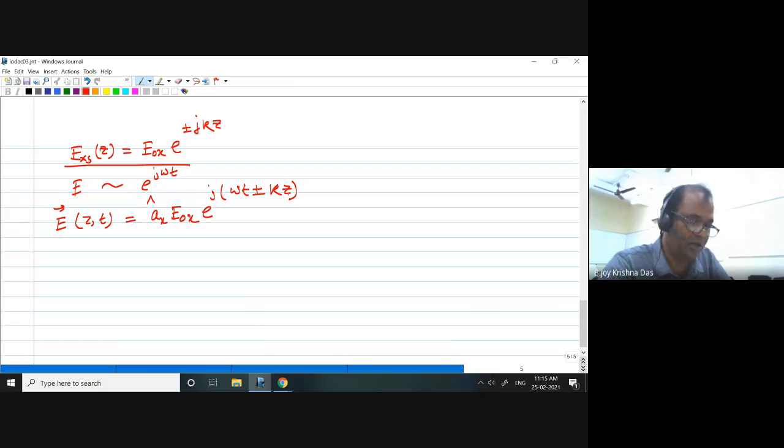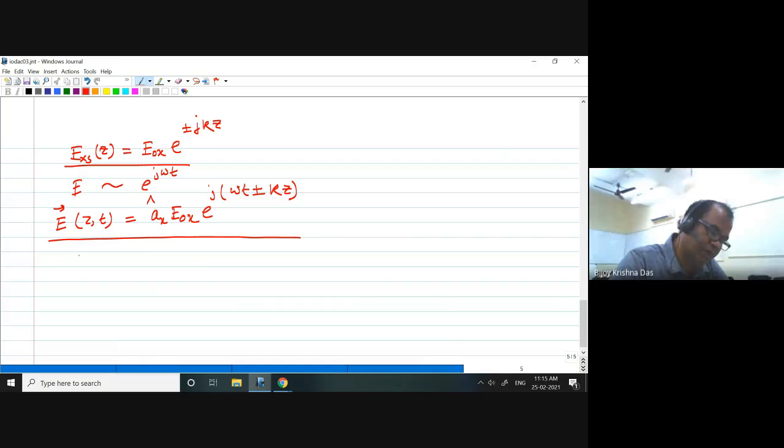Okay, I know all of you are aware of this type of equation. This type of equation we can use as a plane wave equation for an electromagnetic wave, and similarly in the same fashion you can solve for the magnetic field.